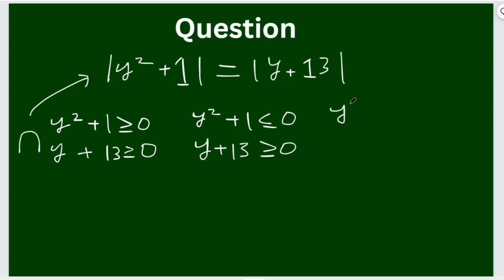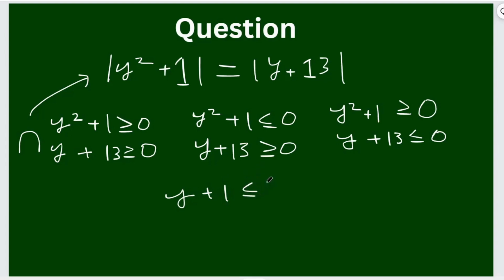And you also have y squared plus 1 is greater or equal to 0, and also that y plus 13 is smaller or equal to 0. Okay? And also you have both smaller or equal to 0. So y squared plus 1 smaller or equal to 0, and y plus 13 also smaller or equal to 0.